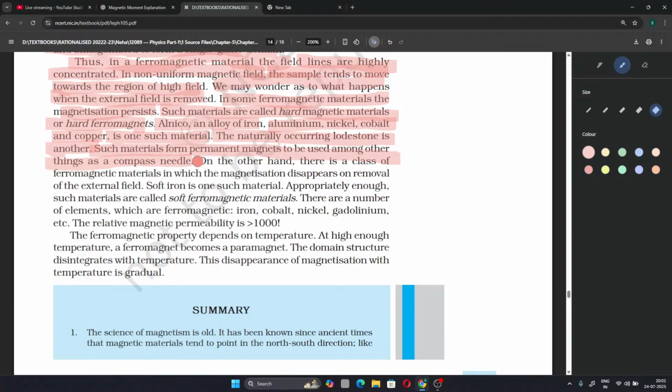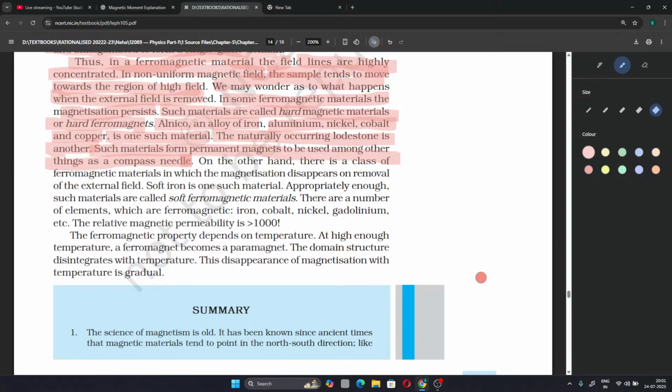Let's read that again. In some magnets, after the external field is removed, the magnetization still persists. These materials are called hard magnetic materials or hard ferromagnets.